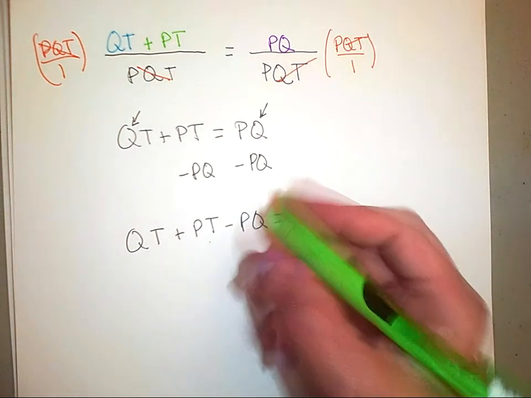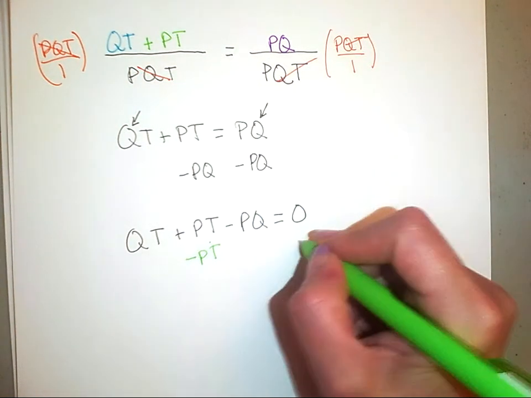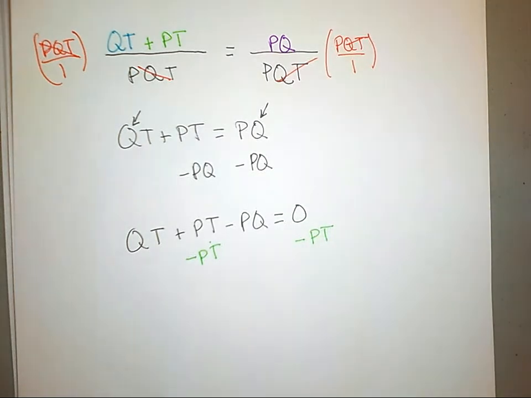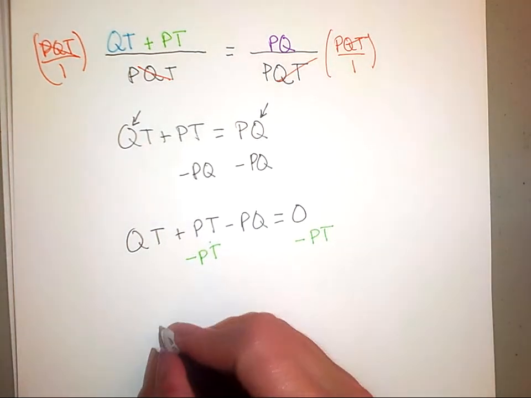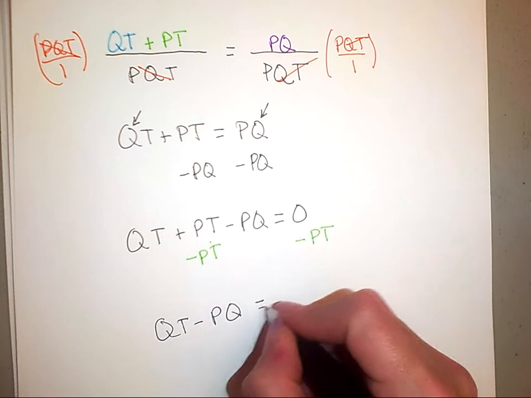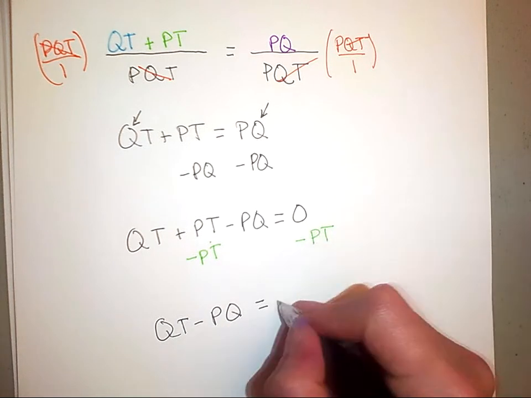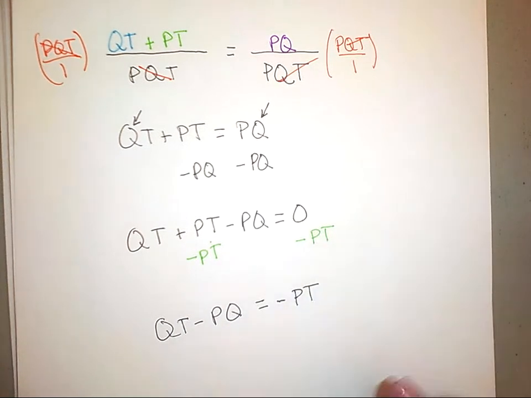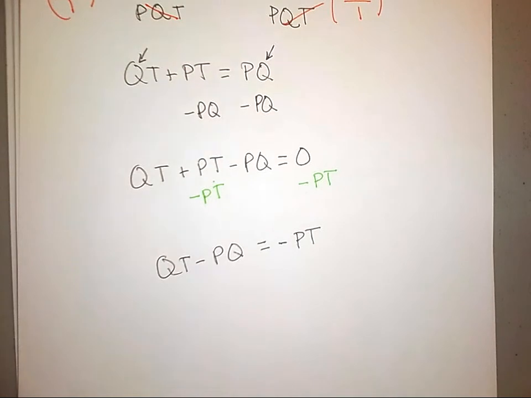And this term doesn't have a q in it, so let's move it to the other side. So we have qt minus pq is equal to 0 minus pt. Well, that's just minus pt. Okay, so here's the trick.